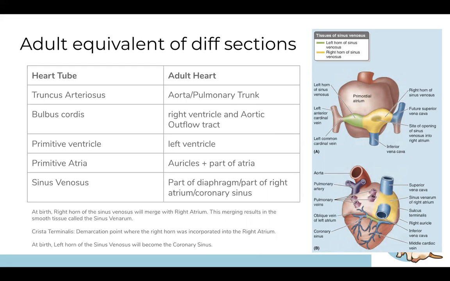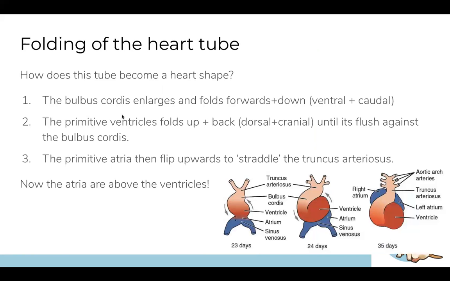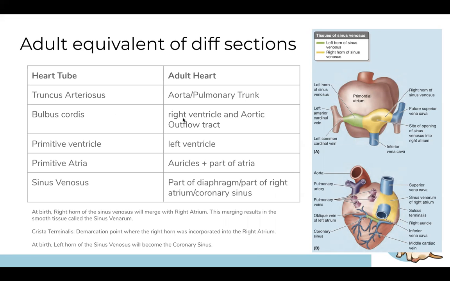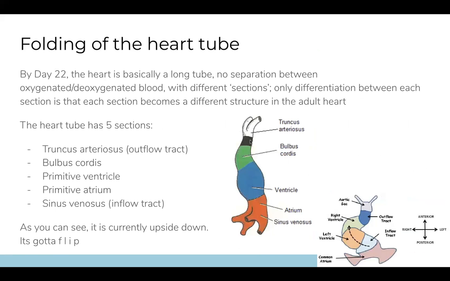So now we want to talk about the adult equivalent of the different sections. I was honestly quite confused about why the atria don't have a specific section. They just come together. So your truncus arteriosus becomes your aorta/pulmonary trunk. The bulbus cordis becomes the right ventricle and the outflow tract.